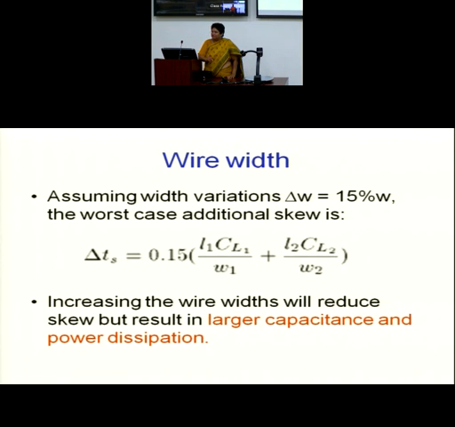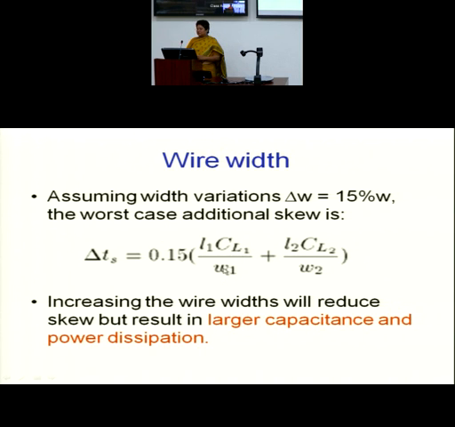So CL1 is actually impacted by increased W. If I take the parallel plate capacitor, epsilon A by D, where D is the thickness, epsilon is the permittivity, and A is simply L into W. So for this segment driving the next section, which also has twice the W, CL1 will also get doubled because W becomes twice. Here my segment length is also becoming twice.